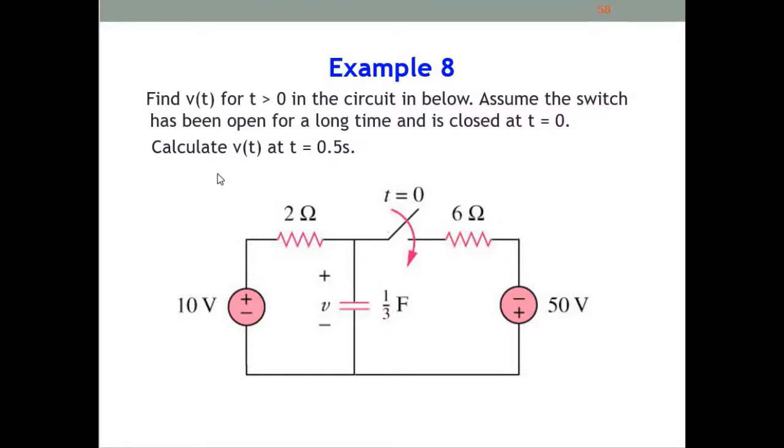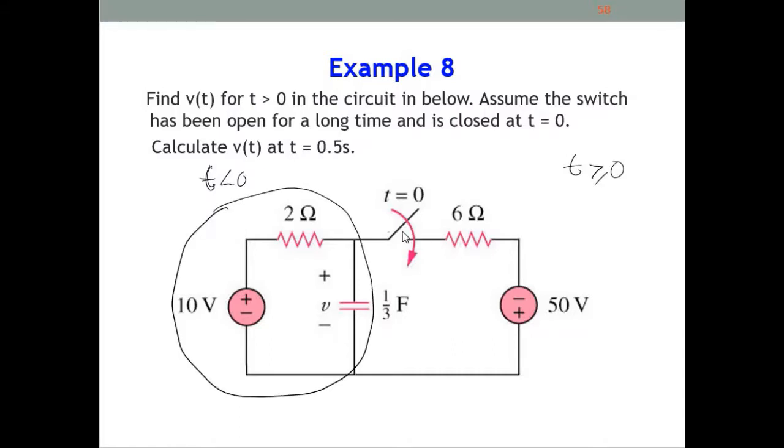So again, we have to analyze this circuit under two conditions: t less than 0 and t more than or equal to 0. For t less than 0, the component involved here is only this, because the switch is open, so it is an open circuit. So the circuit will look like this.